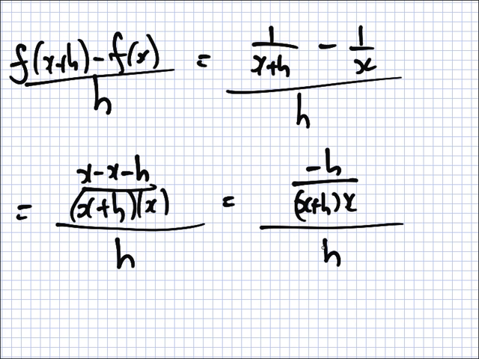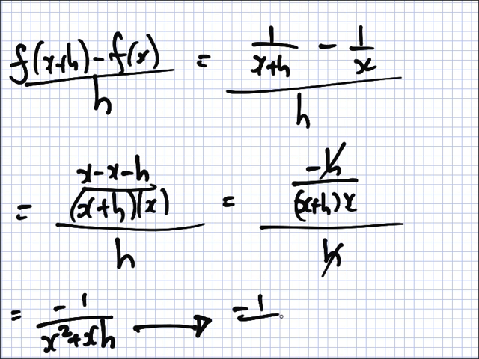So I think we can cancel these and we're left with minus 1 over (x squared plus xh). And then what happens when the h goes to 0? What do we get here? Minus 1 over x squared.